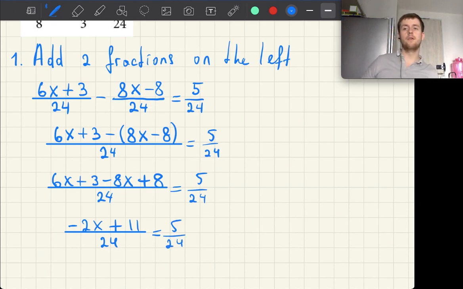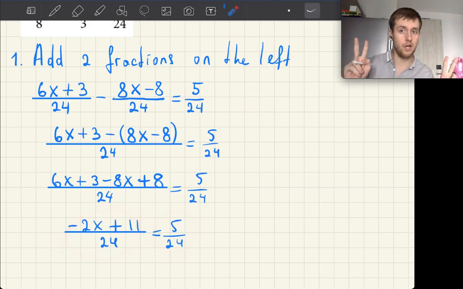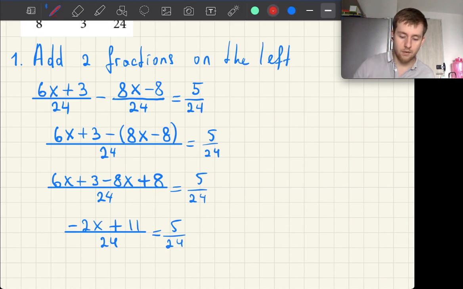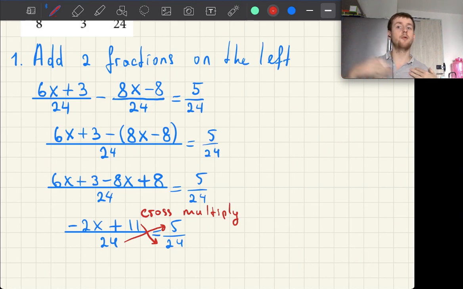When we have a single fraction on each side, not two fractions, we can do a thing called cross multiply. The bottom of one side gets multiplied by the top of the other side.